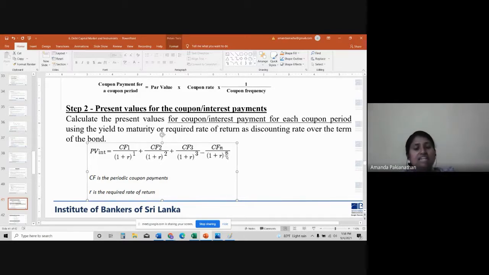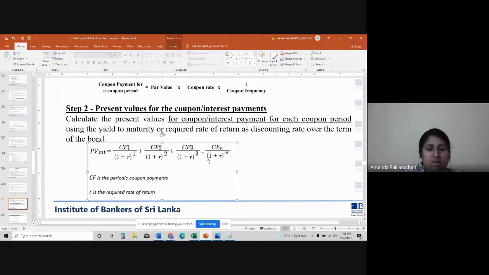It will continue until the very last. Let's say for 5 years, it's monthly return. So then N will be 60. The very last coupon will come on the 60th month. So using this formula, each coupon payment is adjusted to find the present value.